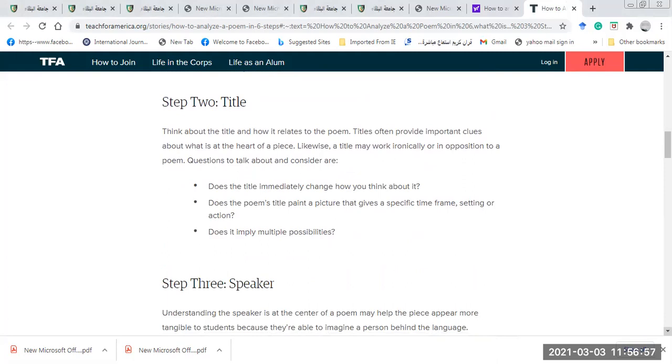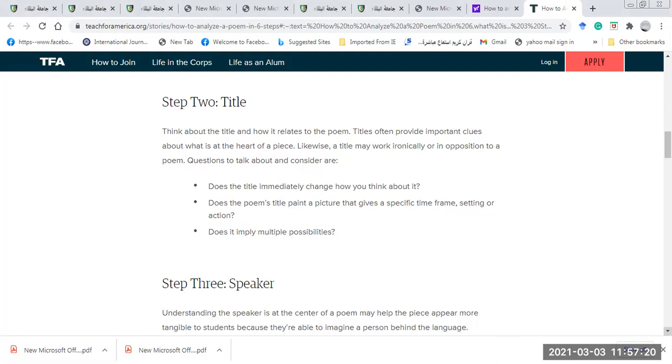Now, after you have read the poem at least 2 times, think about the title. Is the title related to the poem or not? Titles usually give us information about the theme or the topic that the poet is speaking about.